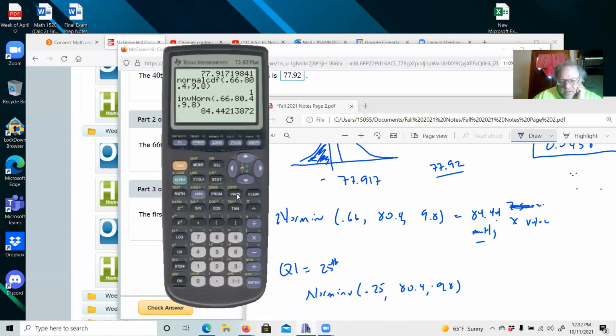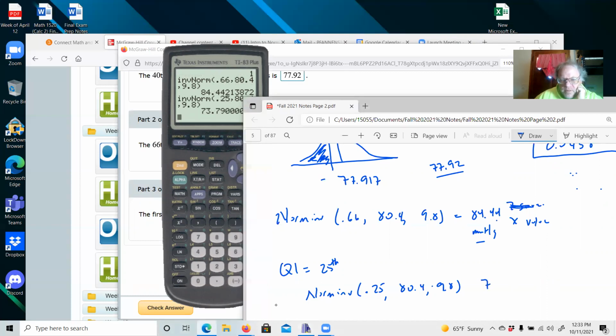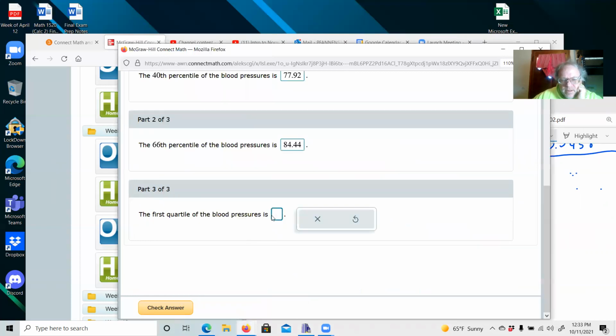So we're going to say second function distribution norm inverse equals 0.25. Oops, not 0.5, 0.25. Okay. 80.4, comma, 9.8. Okay, so 73.79. Check, make sure we're good.